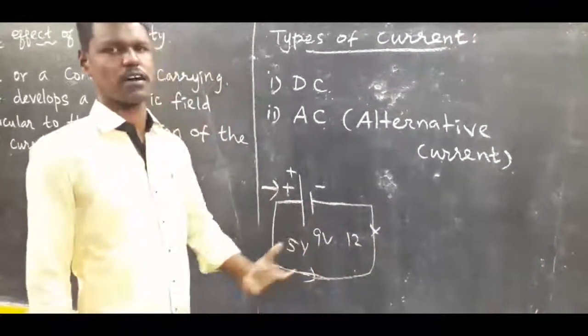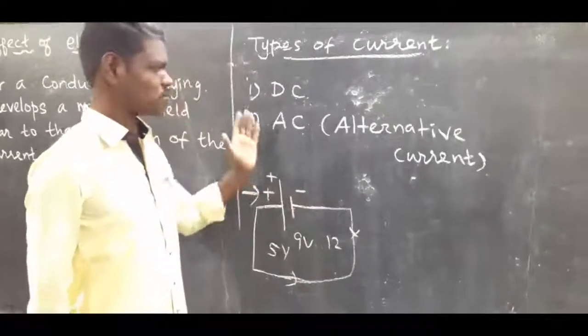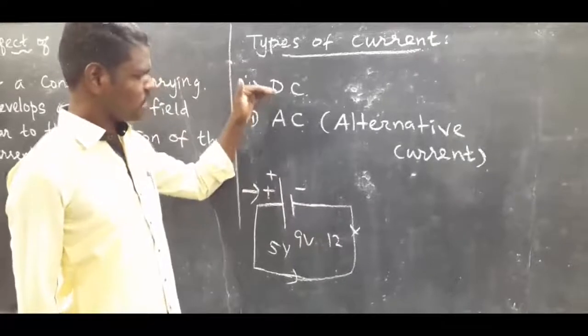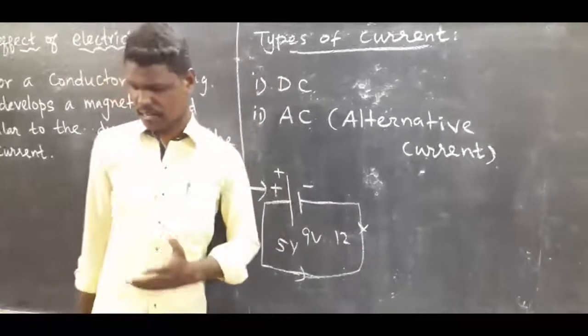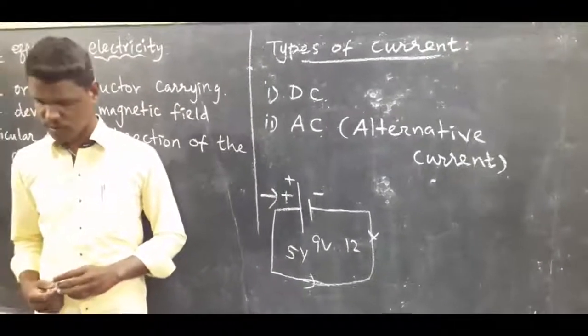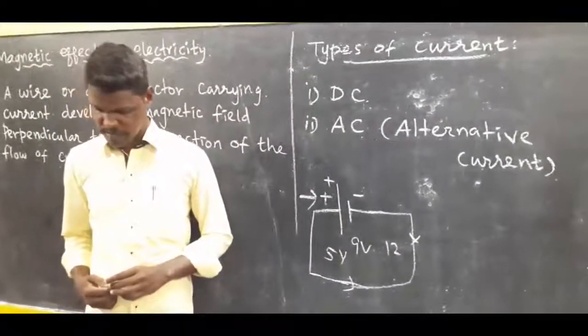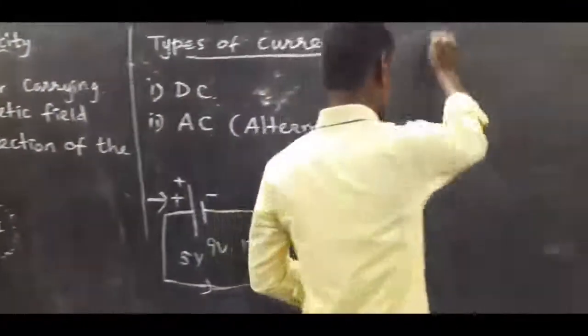How the battery works we already discussed; it is the same concept. How we can use DC is given in the book itself. And one more thing, they have also given a graph.